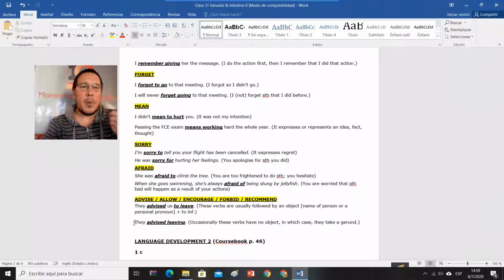When there is no someone after advise, as an object, direct object, indirect object, well, I will not complicate your lives. Well, when there is no someone after advise, okay, the verb is in the gerund. Occasionally, here is the explanation, occasionally these verbs have no object, in which case they take a gerund.